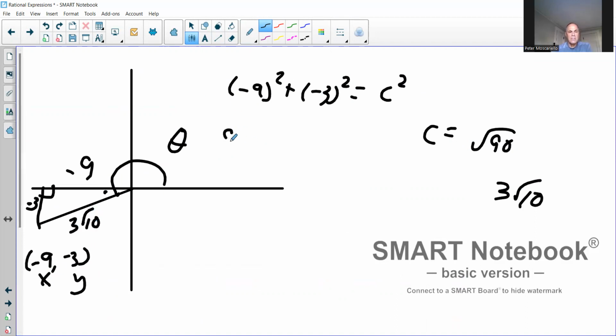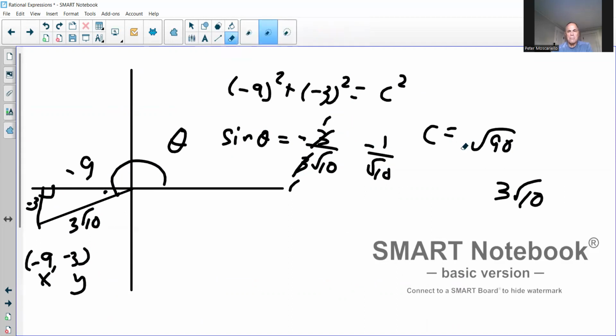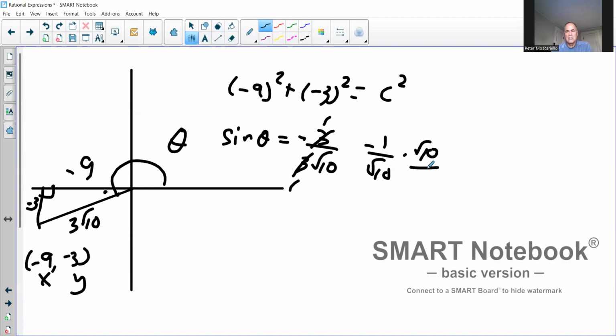So here we go. Sine theta, opposite over hypotenuse, -3 over 3 root 10. We'll cancel the 3's, so -1 over root 10. Well, we can't leave root 10 in the bottom, can we? So multiply top and bottom by root 10. Answer, negative root 10 over 10. That's sine.